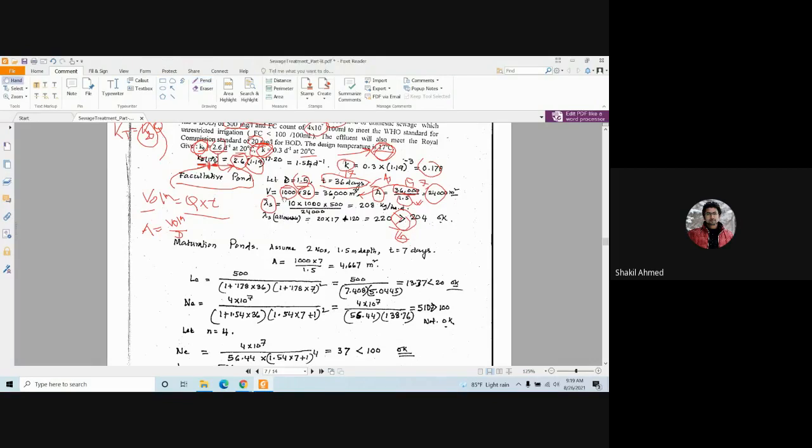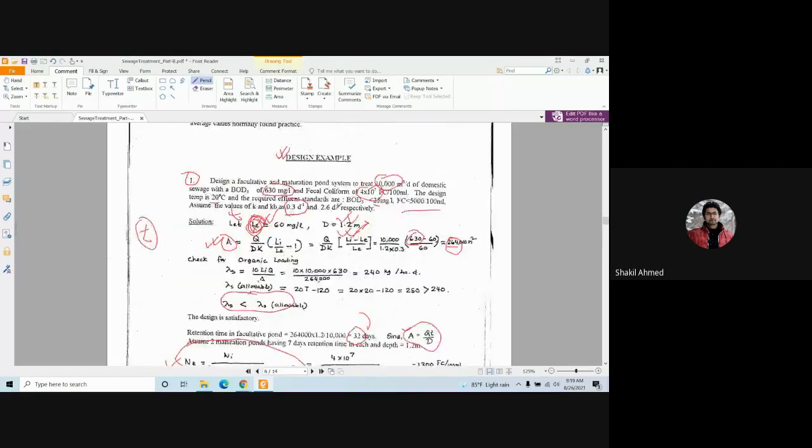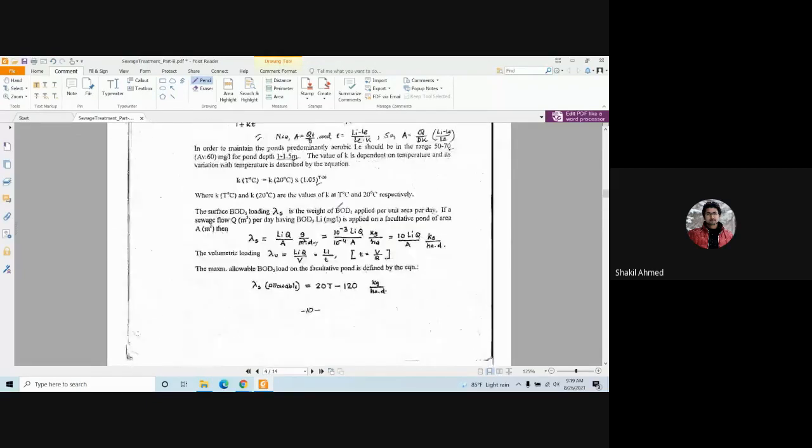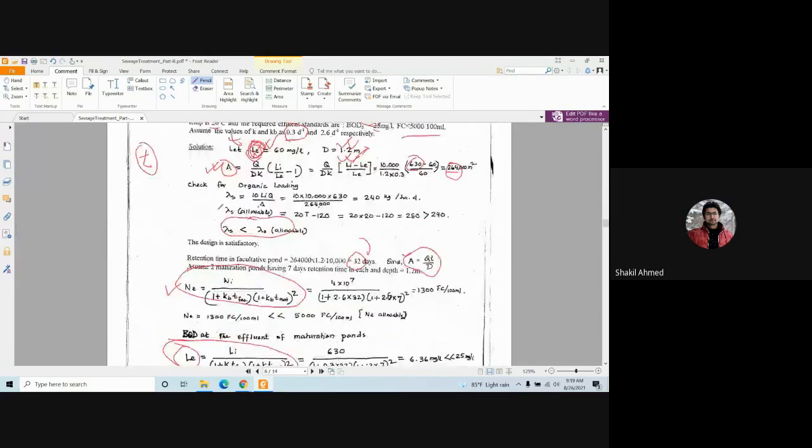So what is the equation of lambda s, guys? What is the equation of lambda s? Remember, lambda s equals 10 into Li into Q over A, kg per hectare per day. Li Q A. So you put the value here.